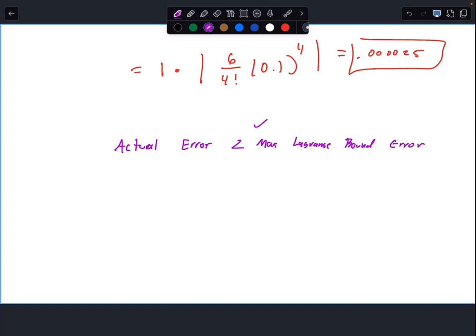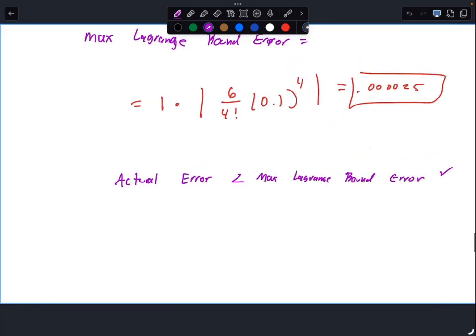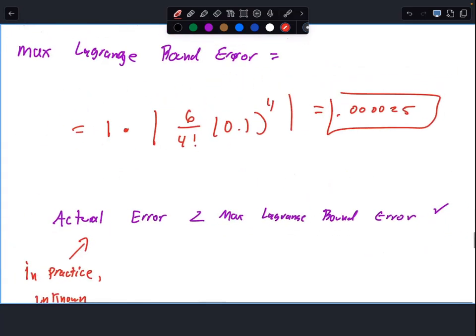And what that means here, and the purpose of this, is that we don't actually ever know the actual error. In practice, in application, the actual error is unknown, but we can calculate the Lagrange bound error, and we can say that, oh, I got a maximum Lagrange error of 0.00025, so I know that my actual error is going to be something less than that.